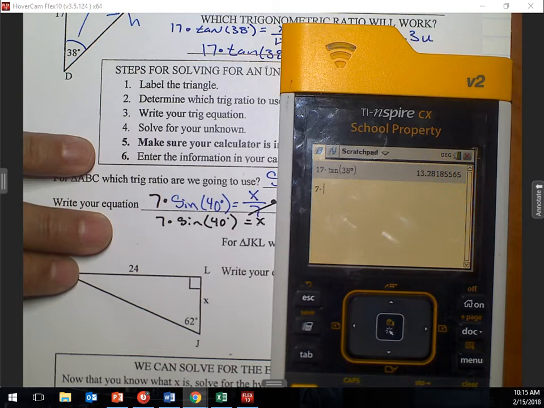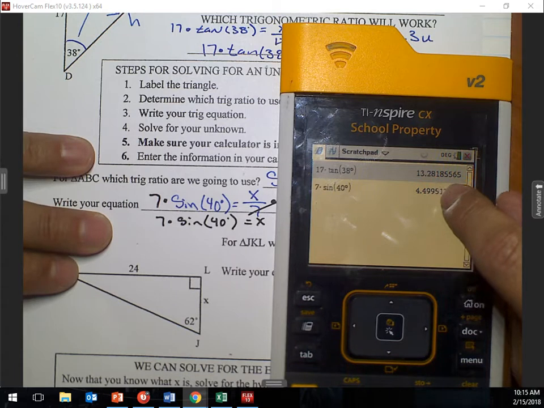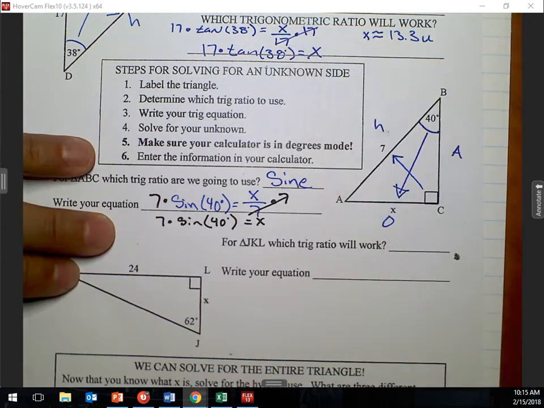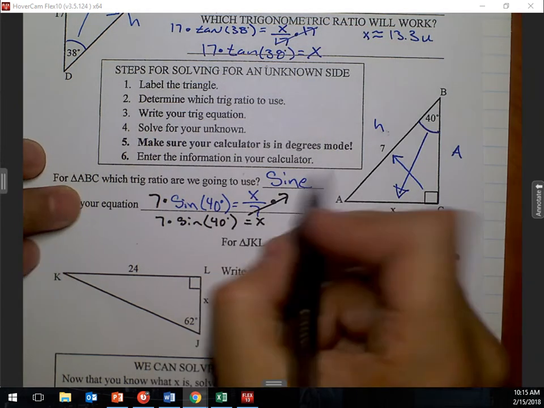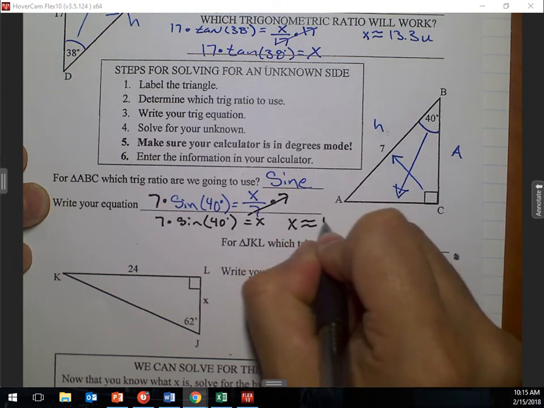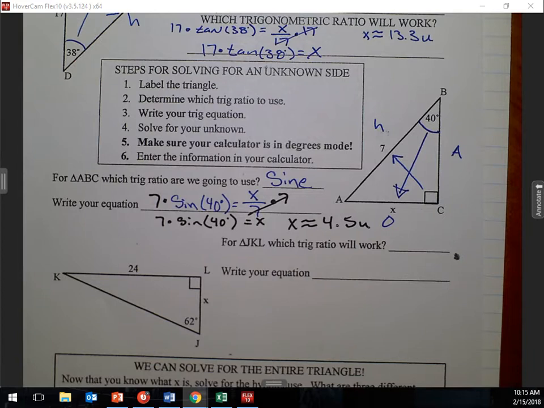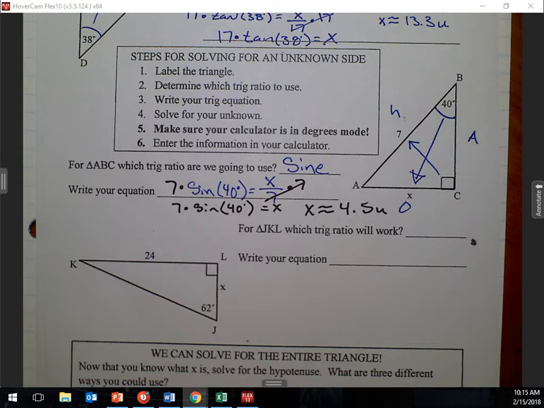Seven times sine 40 degrees should give me 4.4995. So what is that going to round to? 4.5, right? So I'm going to say that x is going to be about 4.5, whatever my units are. Does that make sense or no?